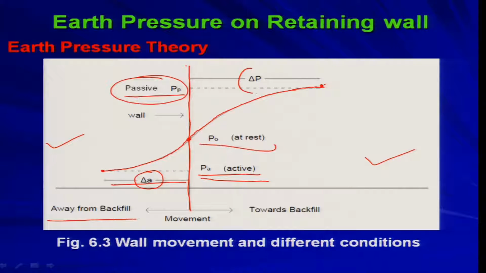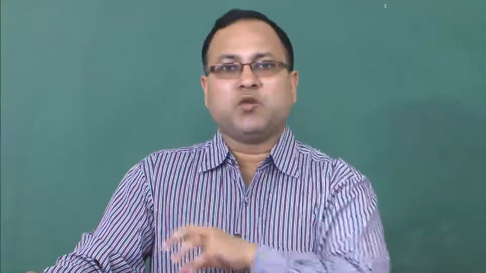To obtain PP you need this much of displacement delta P, which is much greater than delta A. That means you need a significant amount of movement to get the passive pressure, whereas a very small movement of the wall away from the backfill will cause the active state.